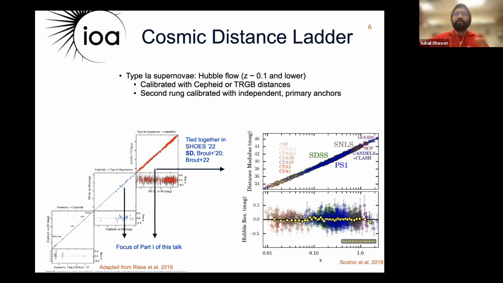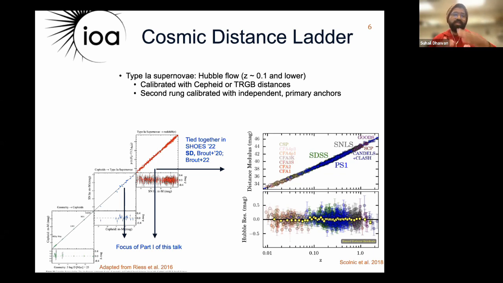This has been pushed to the entire high redshift sample as well. This is some work that I had done with Dillon Brout, Dan Scolnic and others on combining the left-hand side of the slide with the right-hand side in order to infer both dark energy properties and the value of H0 simultaneously.